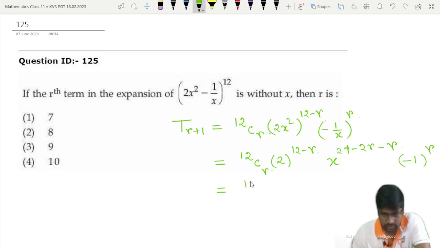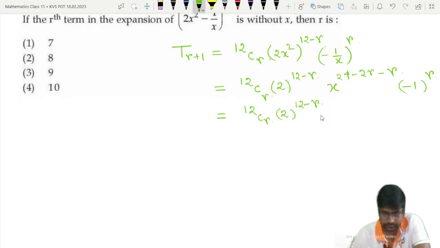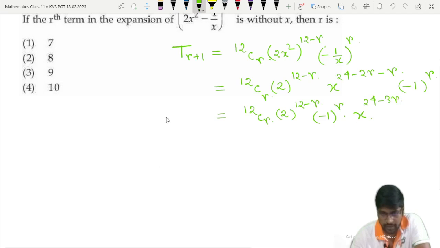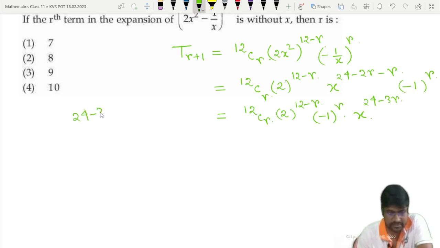So that will give us 12cr 2 to the power 12 minus r into minus 1 whole to the power r into x to the power 24 minus 3r. If this term is free from x, that means 24 minus 3r is equal to 0. This will give us r is equal to 8.